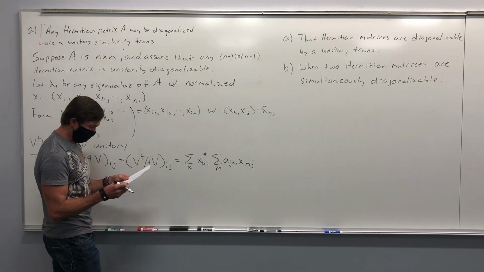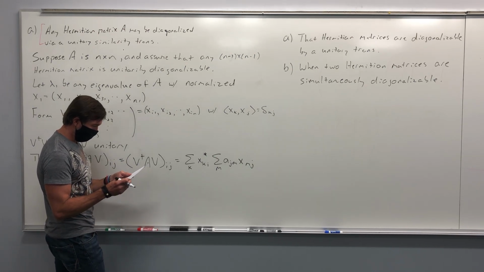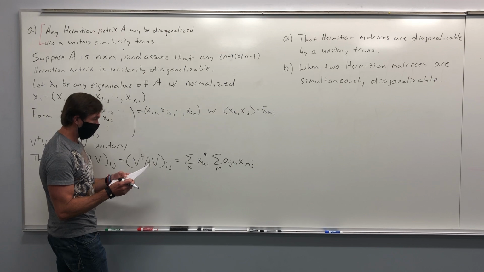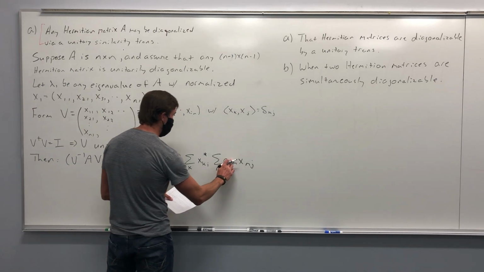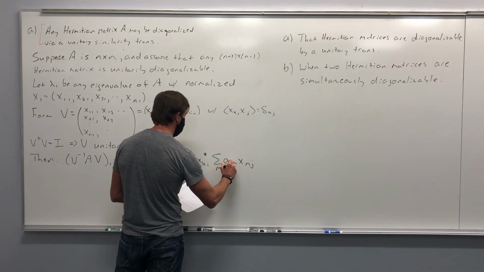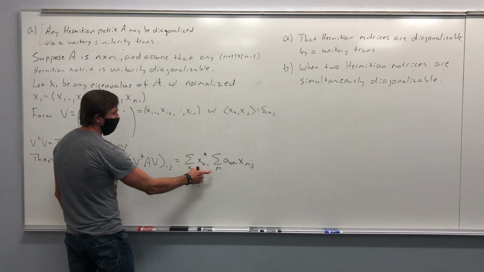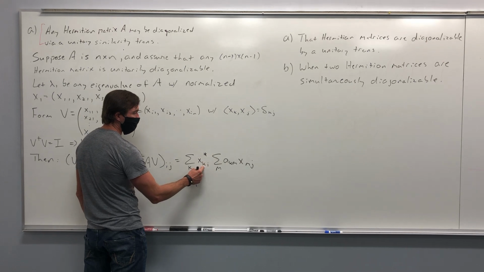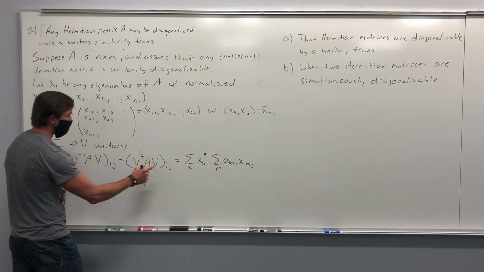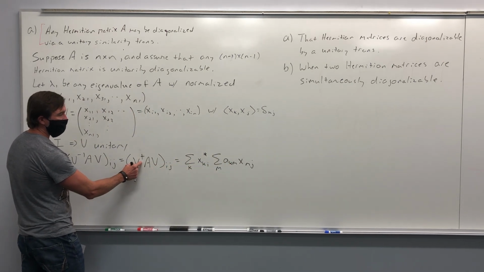Oh, no, hold on. Sorry, this should be km. Looking further down the page. So we have a sum over k, which is the first index here and the first index here. Notice this is V dagger, so this is the transpose.